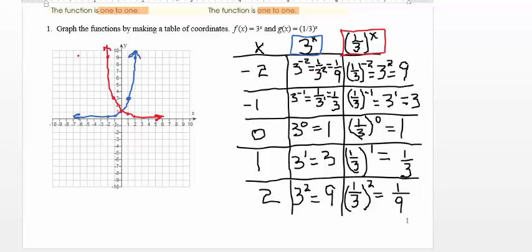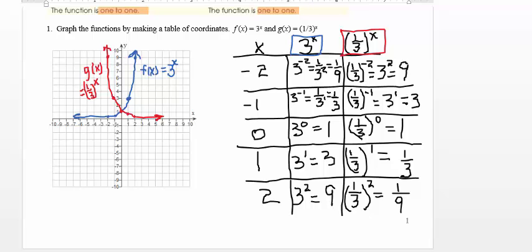So remember, if b is between 0 and 1, the graph is decreasing. So we see a falling graph for g because the base b is between 0 and 1. Now for f, which is the blue graph, b is bigger than 1. My base is 3, so the graph was increasing.